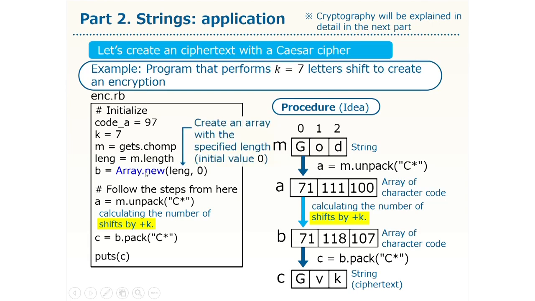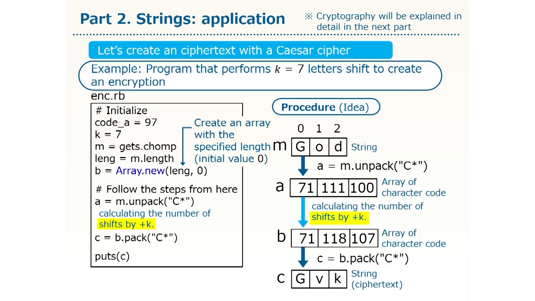I explained this command before. This is a command to create an array with specified length. In this case, the len is specified length, which is the length of the array m, which is the length of the input. For example, if our input is God, then this is 3.